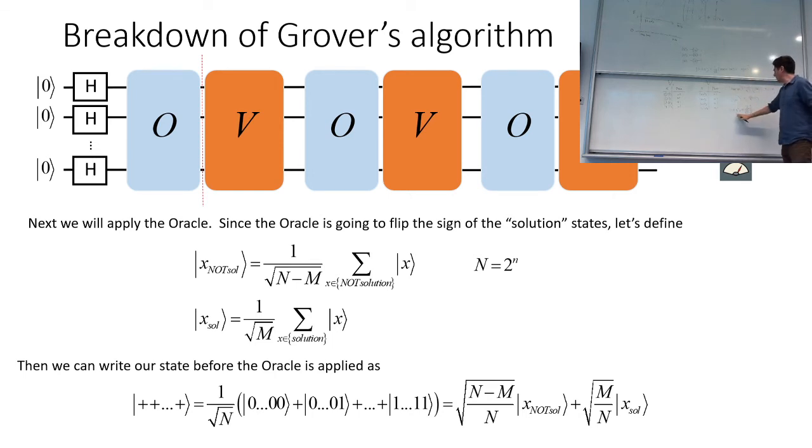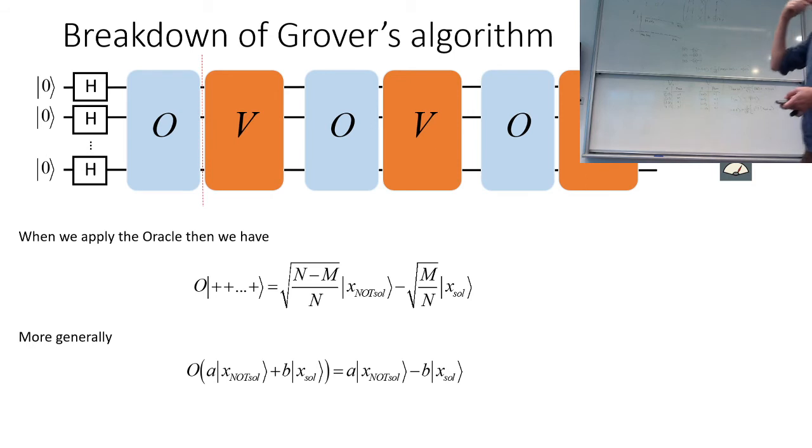So the initial state, in terms of these two vectors, you would write as square root of 7 x not sol plus x sol, and then after multiplying by the right coefficients, we divide by the overall normalization. That's just that thing there.